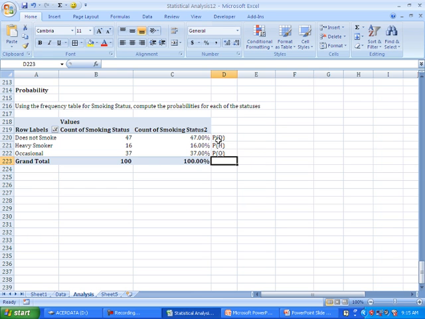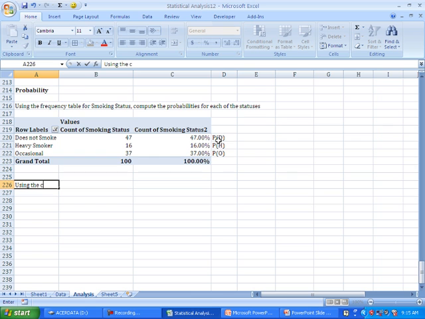Now, it is not just for a one-dimensional frequency table. Even for a two-dimensional frequency table we can do a similar kind of analysis, like your contingency tables.